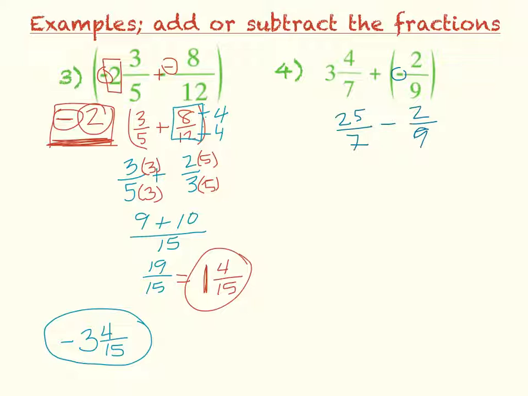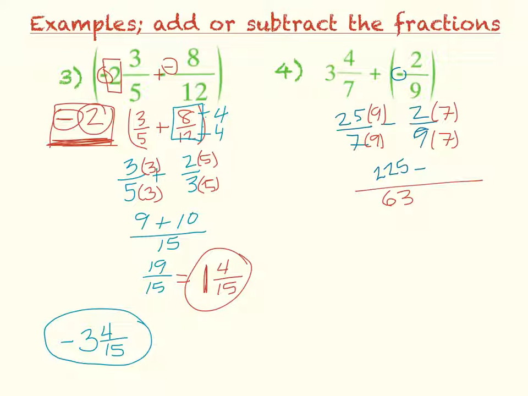Okay, so now I need to get a common denominator. Nine times 7 is 63. So my denominator is going to be 63. Now I'm going to take 25 times 9, which is 225.